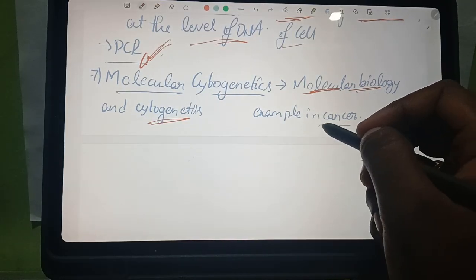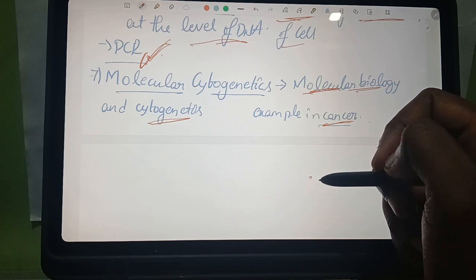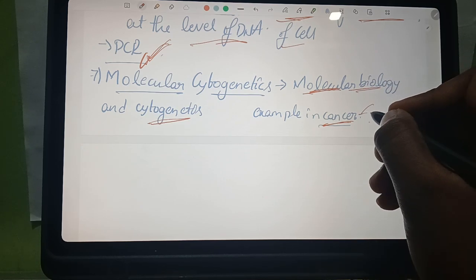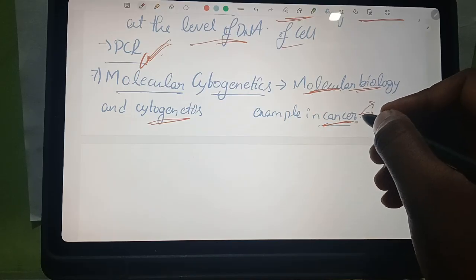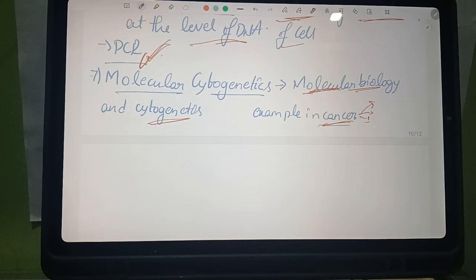For example, cancer. We will know about the different types of cancer and how it is affecting and what is the molecular basis of the cytogenetics and the cancer. Like that we will find.